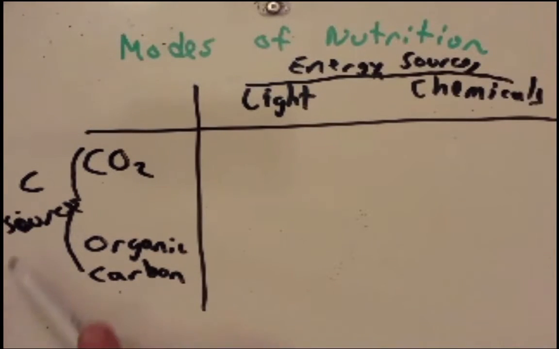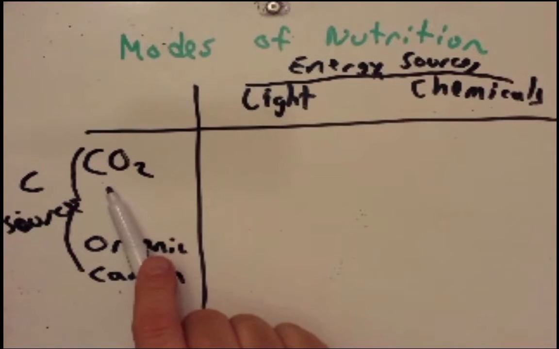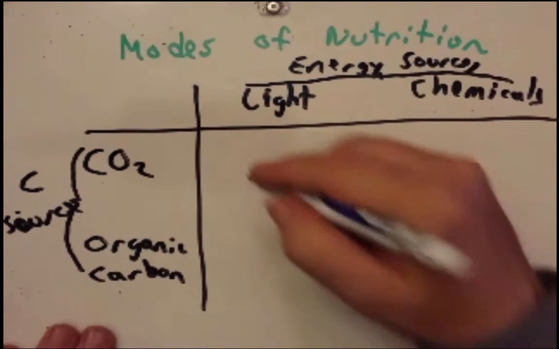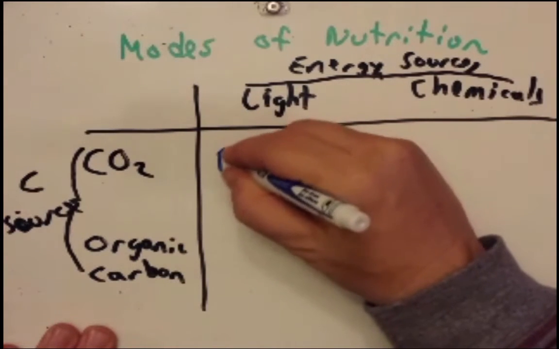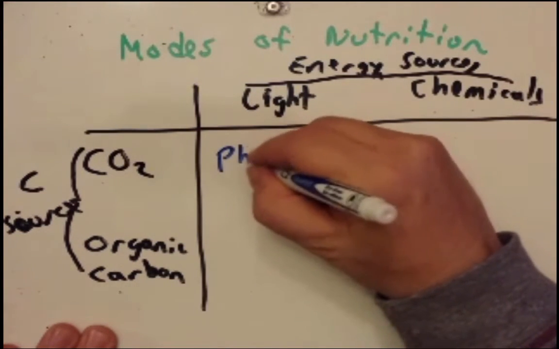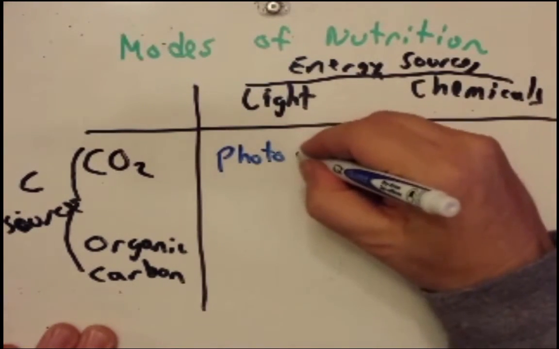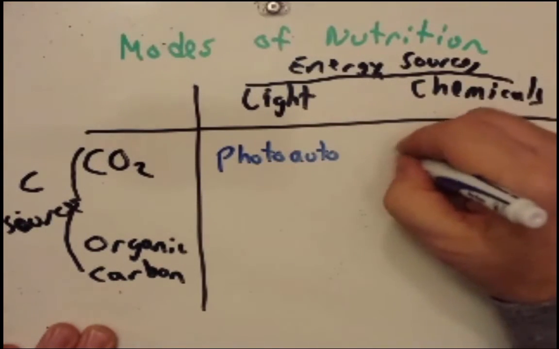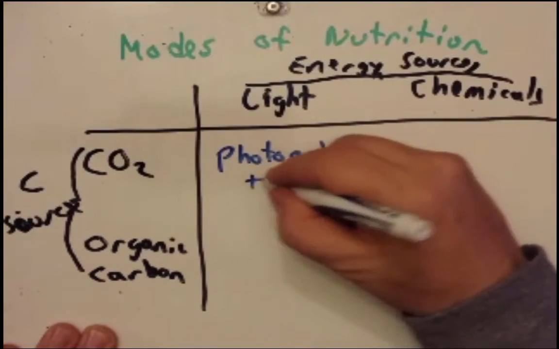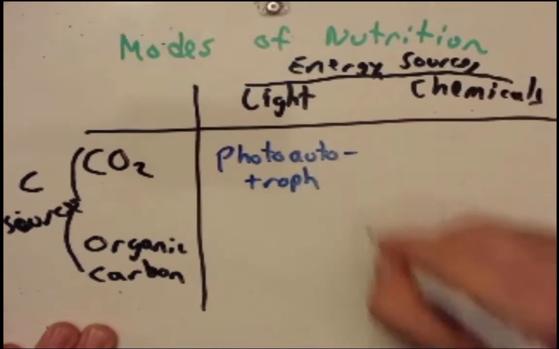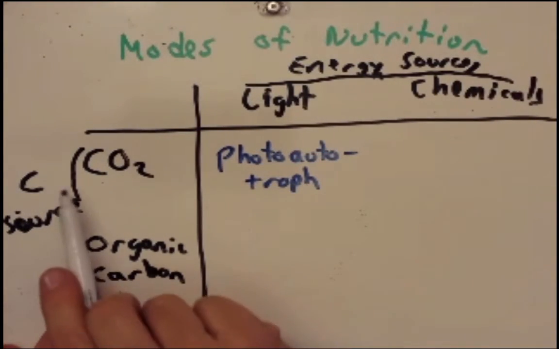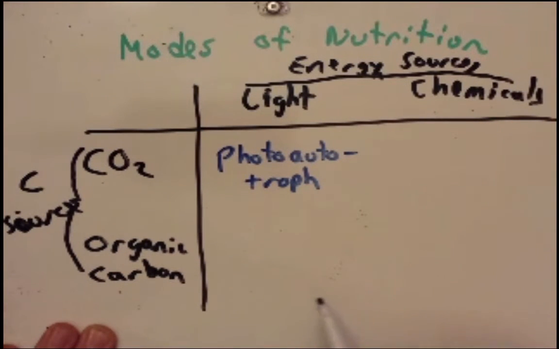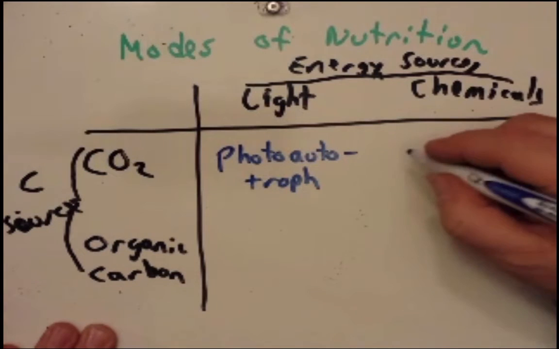So an organism that gets its carbon source from CO2 and uses light as an energy source, we would say that organism is a photoautotroph. An organism that gets its carbon from CO2 but its energy source from chemicals, we would call that a chemoautotroph.